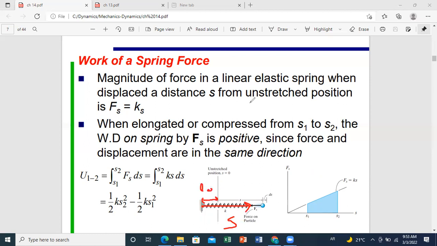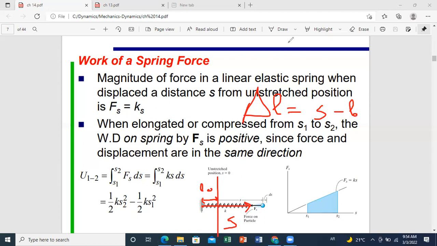And then delta L in the expression of the spring force will be S minus L0. So always pay attention to your origin of S. In case you consider the origin of S here, then delta L will be just equal to S. In case you change the position of your origin, you should follow your new position.